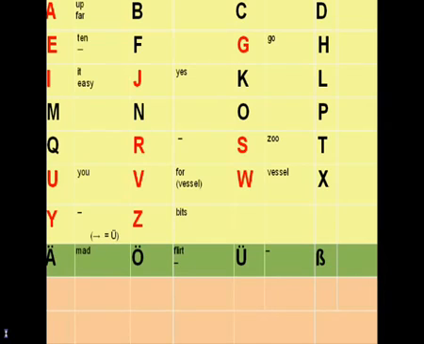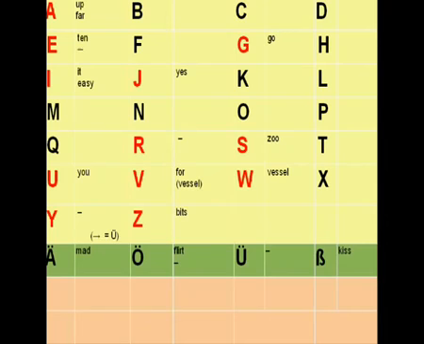Then, of course, the German umlaut Ü. And as I said before, there is no English equivalent for it, but I created a video for you guys to practice that sound. Then there is the letter SZ, also called scharfes S. This letter is always pronounced like a double S.